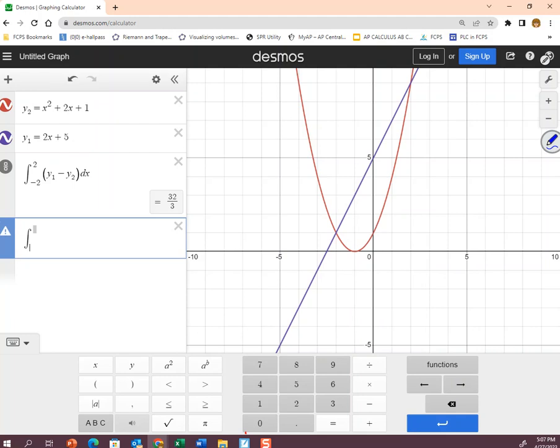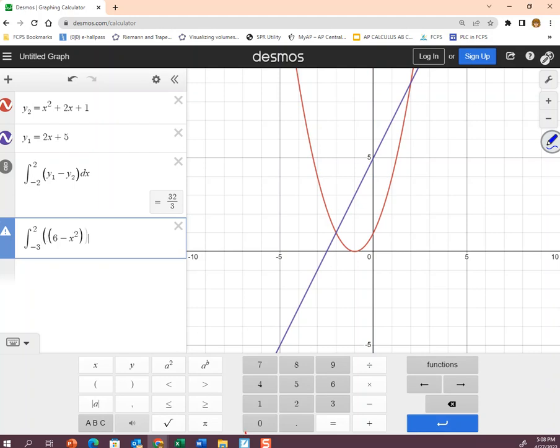Can't stop me now. Number 2, remember that one? -3 to 2. The curvy function was on the top. 6 minus x squared. Close that up. Actually, I think we're going to need a couple sets of parentheses. So we need a big set.